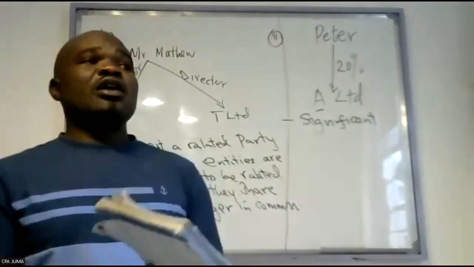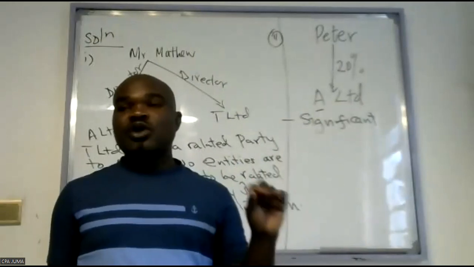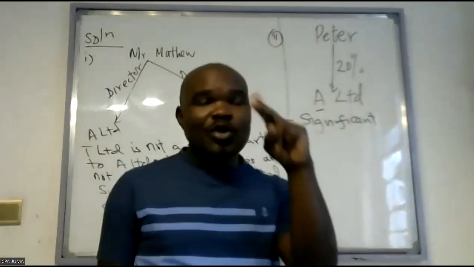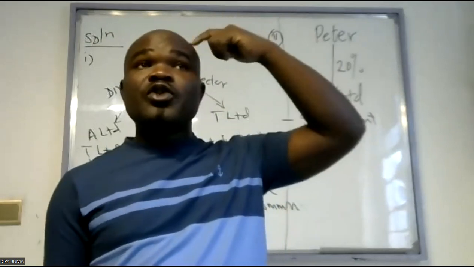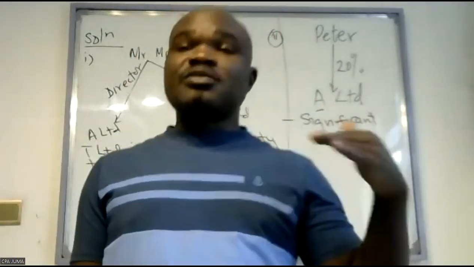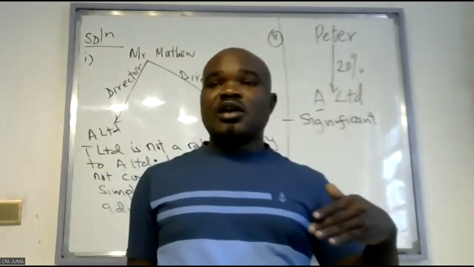So, Jacinta, yes, he is an employee, but you can just be an employee, or you can also be a key management personnel. For you to be a related party, you must be a key management personnel.